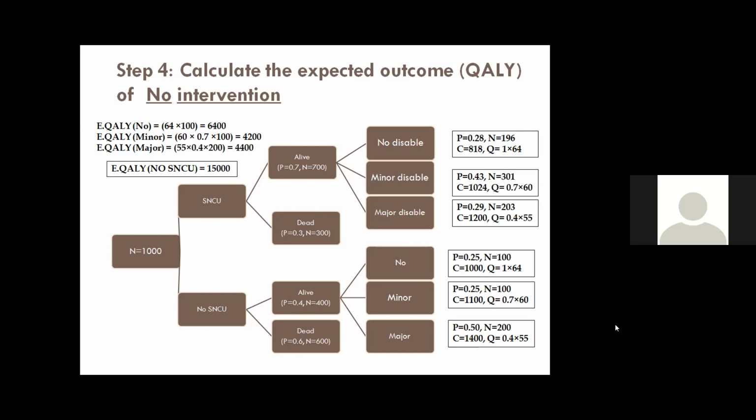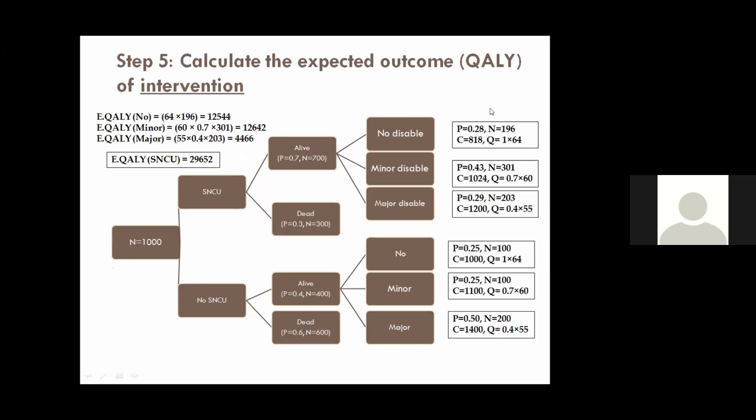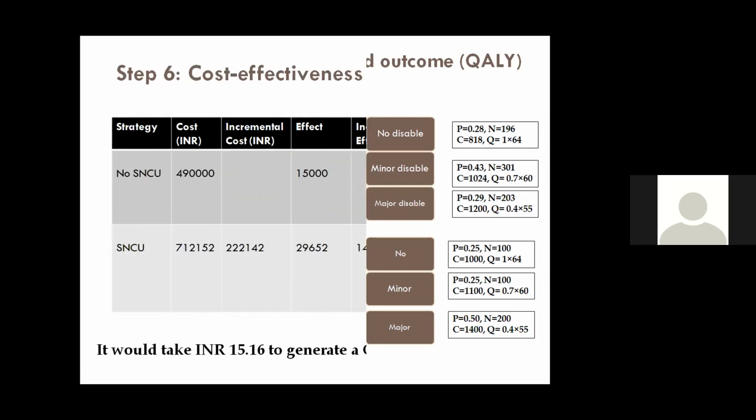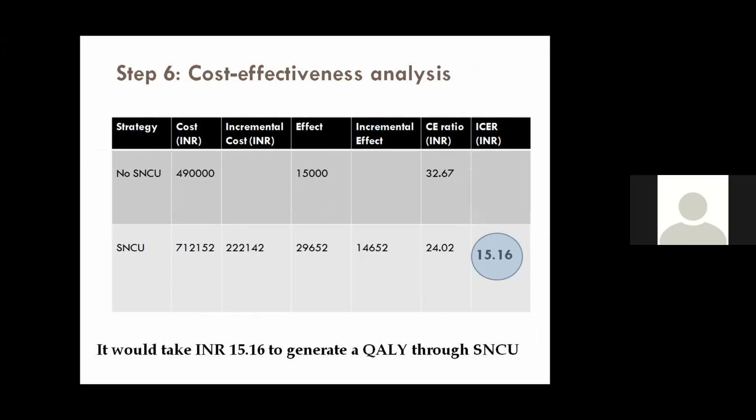By the same argument, you get the value of intervention, that is the upper part of the graph: no disability, minor disability, major disability. And here the QALY is 29,652, adding all three. So now we have got all the required data, and we can form this table.